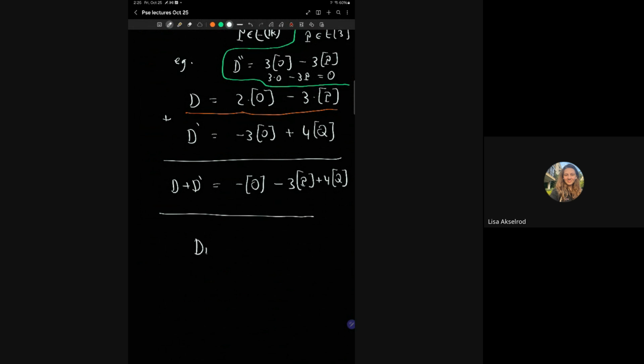We have an abelian group, divisors over E. And we have a map that I call degree that goes from this abelian group into the abelian group of integers, that takes a divisor D, which is like sum of n_P times P, and sends it to the sum of coefficients.